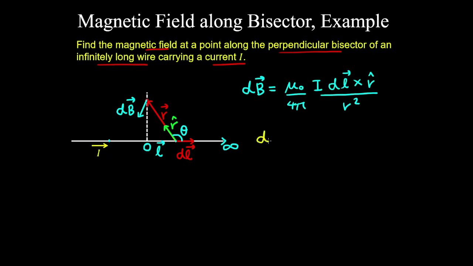So writing the Biot-Savart law in magnitude form, we have the magnetic permeability by I on 4 pi by dl being the magnitude of this differential length vector by the magnitude of r hat, which is 1, by sine of the angle between the two vectors on r squared.